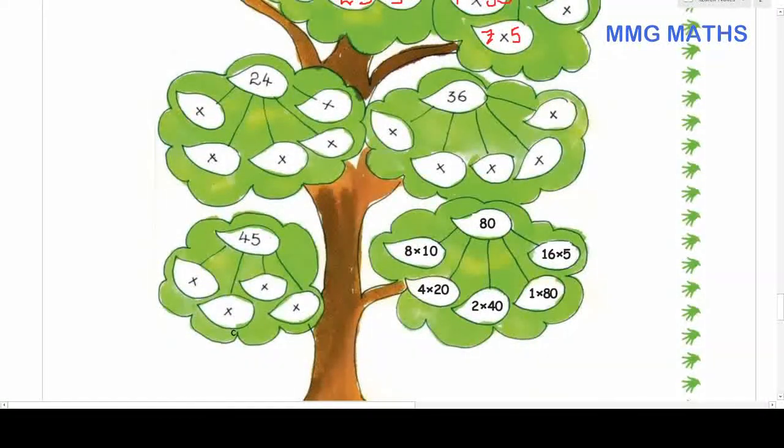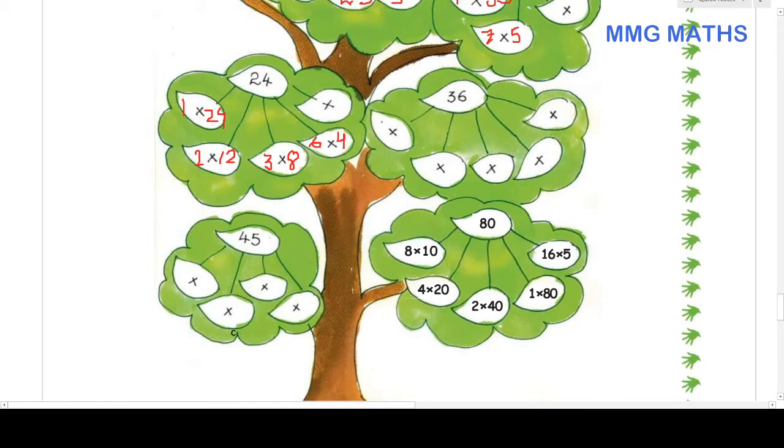Now look here, children, 1 into 24, next number 2 into 12, then 3 into 8, here you will write 6 into 4. Okay, here you will write 4 into 6.